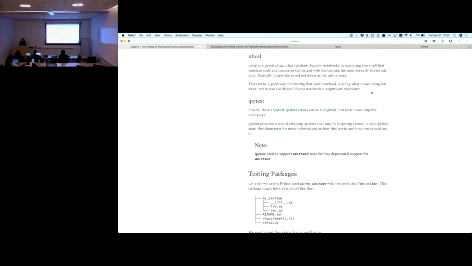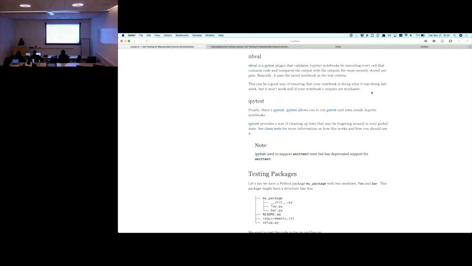This can be a pretty good way of ensuring that your notebook is doing exactly what it did last week. But if your notebook is producing different results on purpose in between runs, this is obviously going to complain about that.